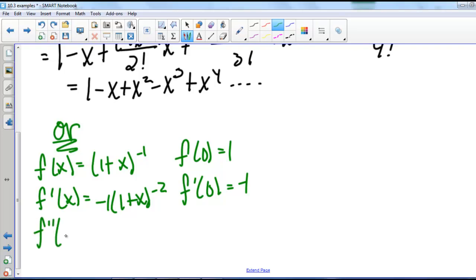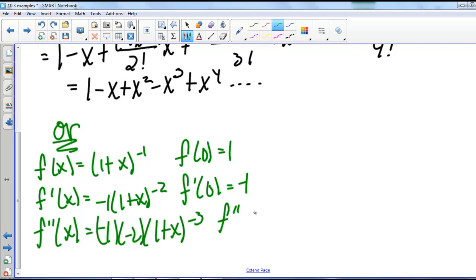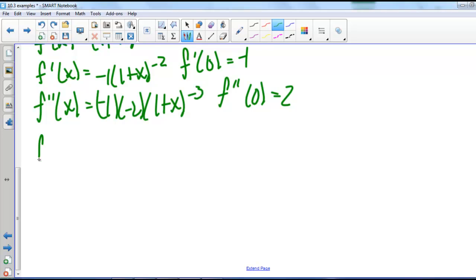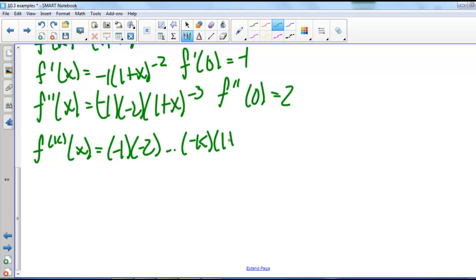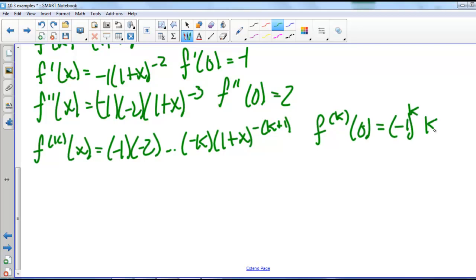The second derivative is negative 1 times negative 2 times 1 plus x to the negative 3, and the second derivative at 0 is 2. So the pattern we're seeing is that the kth derivative is negative 1 times negative 2 all the way up to negative k times 1 plus x to the negative quantity k plus 1, and at 0 the kth derivative is negative 1 to the k times k factorial.